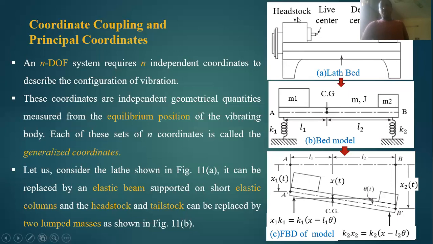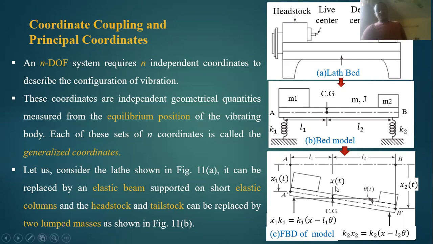The headstock part of the lace bed is considered as mass M1, the tailstock part is considered M2, and the bed itself is considered as a horizontal member, what we call a beam. The short columns, which support the whole system, are considered as columns with stiffness K1 and K2. The vibration of this model is considered as 2-degree of freedom vibration.